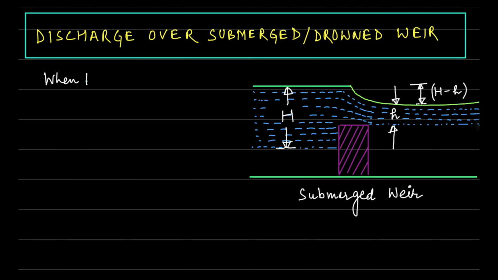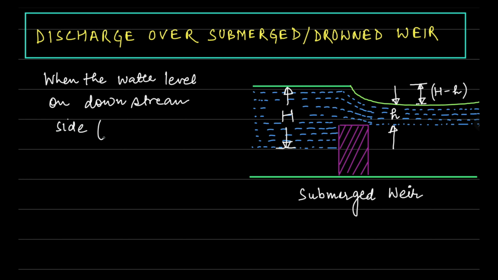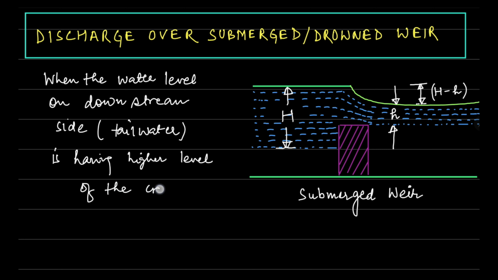When the water level on the downstream side, that is the tail water, is at a higher level than the crest of the weir, we call it a submerged or drowned weir.